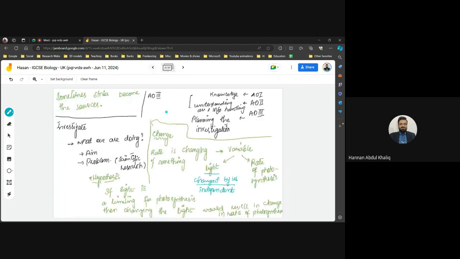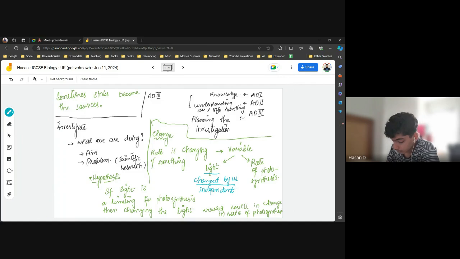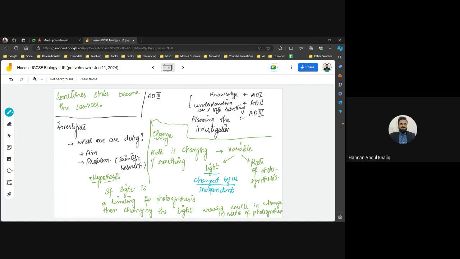Next is why the rate of photosynthesis is changing. Because we are changing light. Or in other words, you can say because we are changing the independent variable.